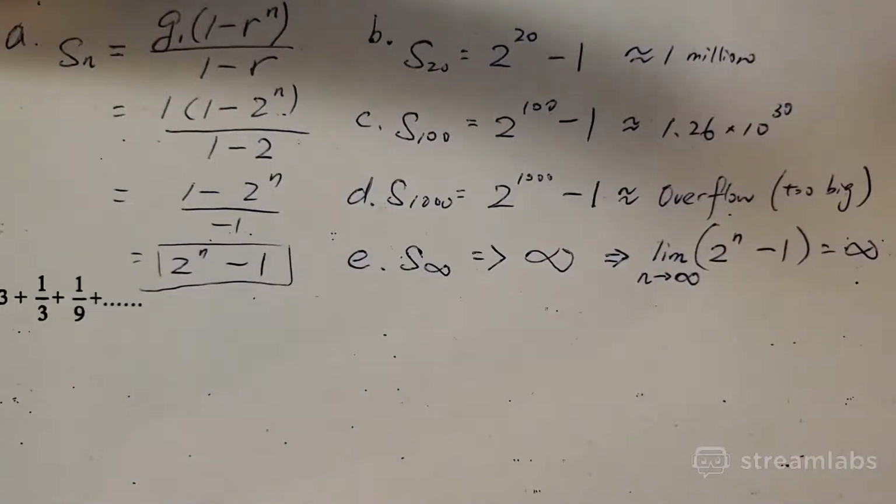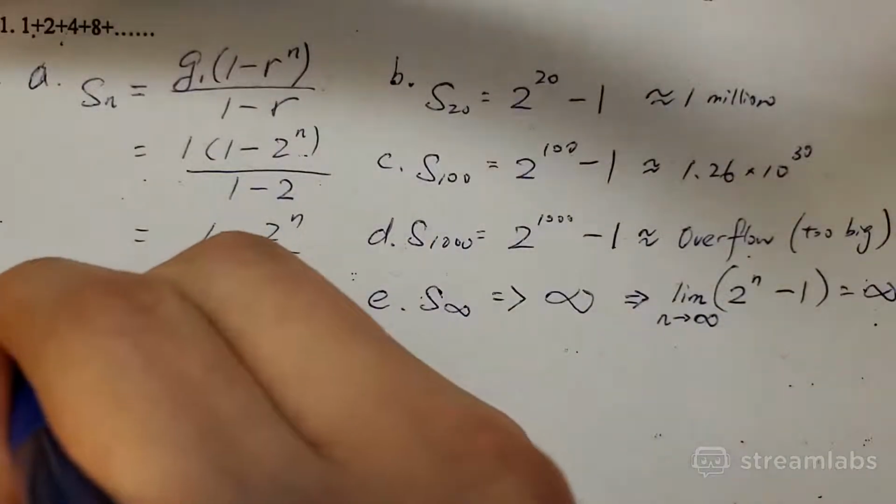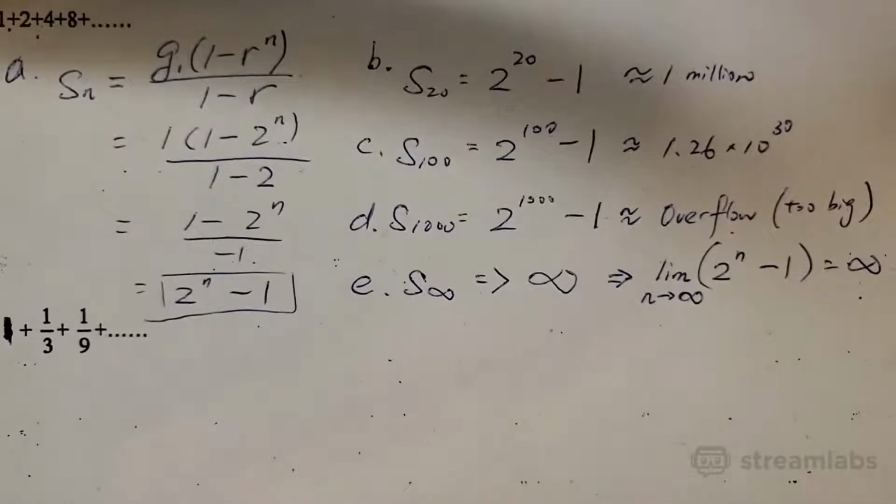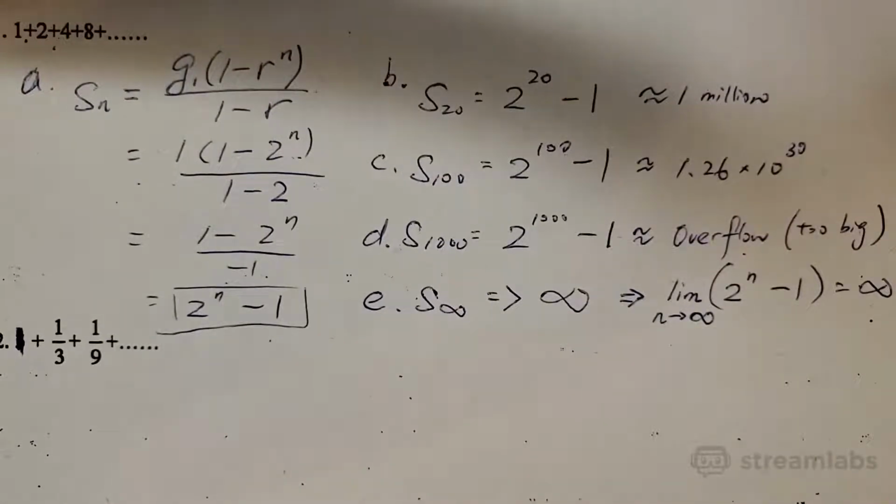Oh, I know why. This is supposed to be 1. You can't do it with 3. Change this to 1, otherwise you can't do this. This is a typo. I'm looking at the notes right now. It's a typo.